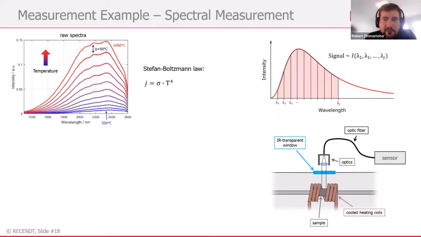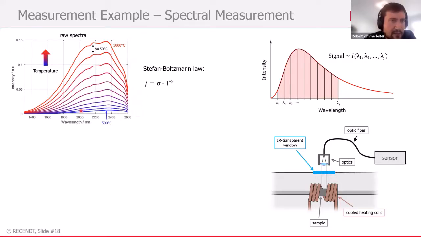So now to the most important point, the spectral measurement. The measurement was also done by collecting the whole spectral data from 1300 nanometers to 2600 nanometers. The raw spectral data you can see here on the graph on the top left.